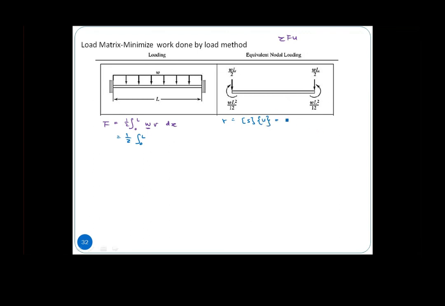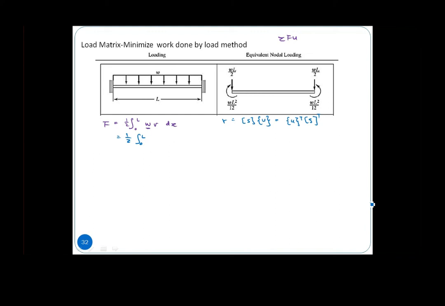I can also write it as U transpose S transpose. It's the same, right? Just now we have basically proved it.